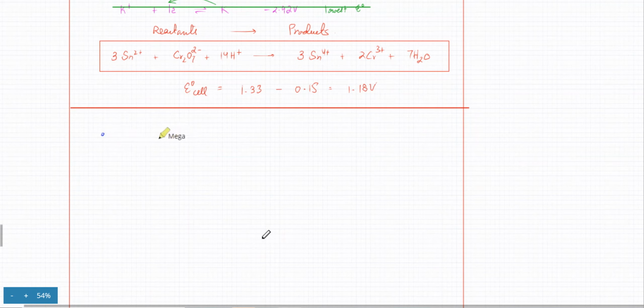So let's try another one, which is this one. We're going to do an example of homogeneous catalyst.